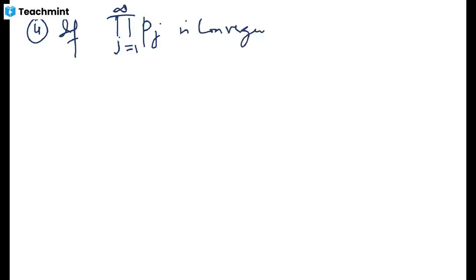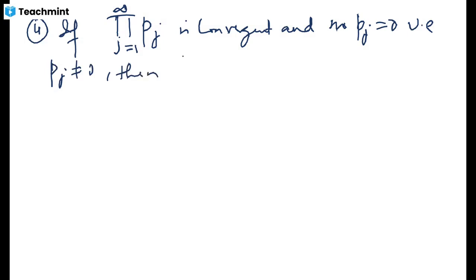And another observation is that if this product of pj, an infinite product, is convergent and no pj is equal to 0, that means every pj is non-zero, then the value of the product cannot be 0.